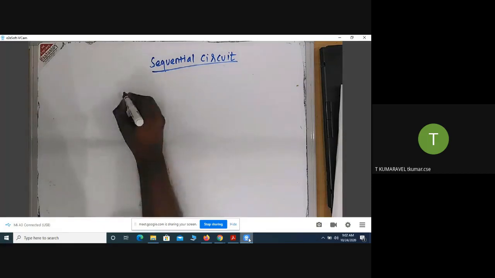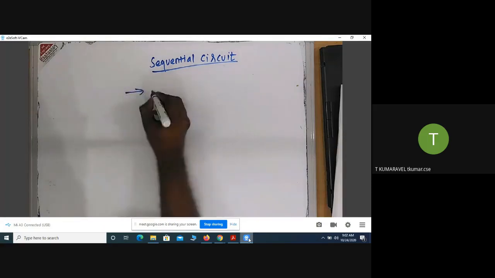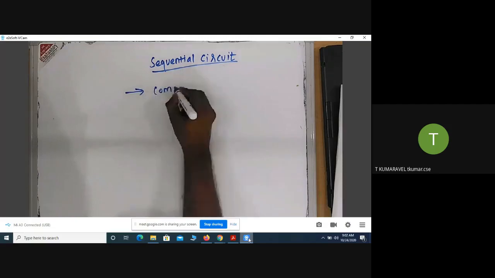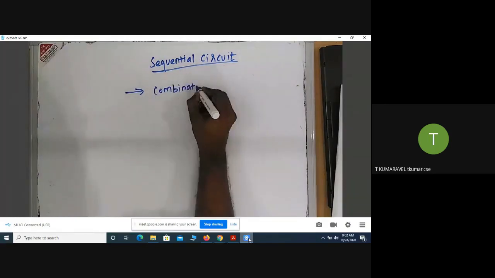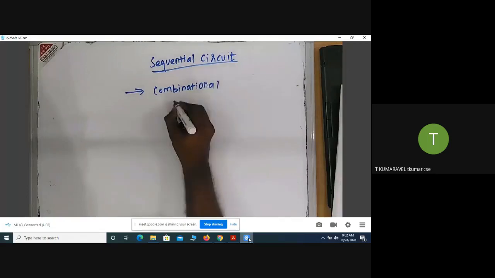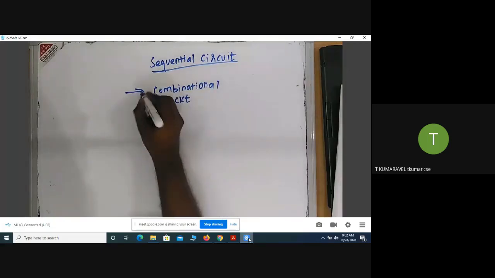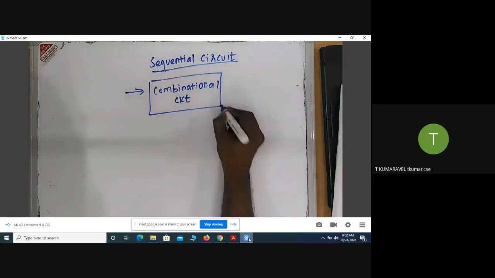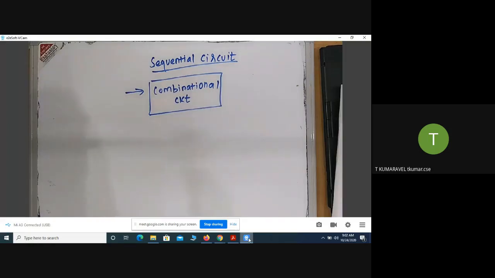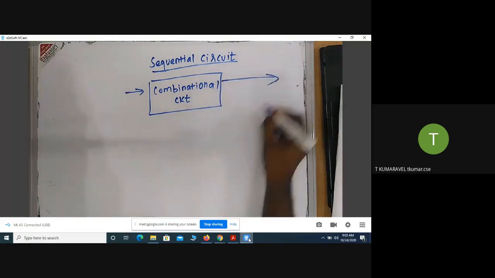So how the sequential circuit should appear: the combinational circuit along with the memory element. This is a combinational circuit. We already discussed what operations are done by a combinational circuit. We can perform full adder addition, subtraction, encoding, decoding. These are the operations done by the combinational circuit.